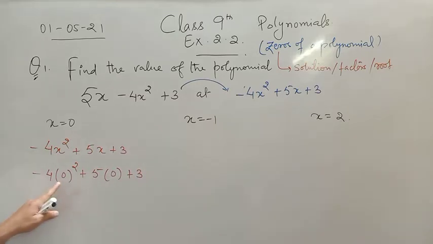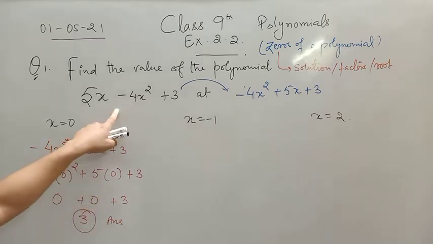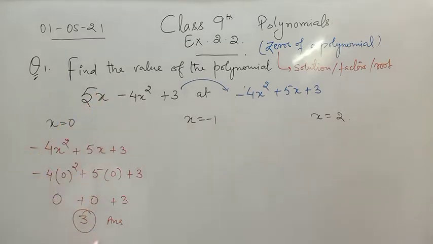So minus 4, square of 0 is equal to 0, and when I multiply 0 with 4, again I'll get 0. 5 into 0 is 0, plus 3, so my result is 3. So the value of this polynomial for x equal to 0 is 3. Any doubt? Okay then. So 3 is the solution of this quadratic equation, or you can say 3 is the zero of this quadratic equation. Please note it down fast.